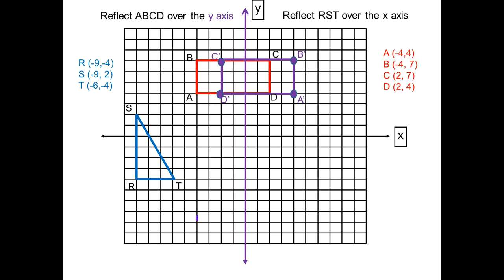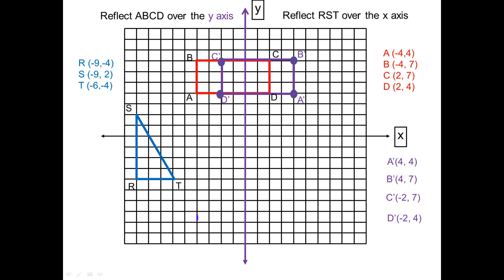So the next one we're going to do is we're going to reflect triangle RST over the x-axis. So in order to flip the triangle, let me just go back here. We're looking at the coordinates A, B, C, D and trying to make that comparison.